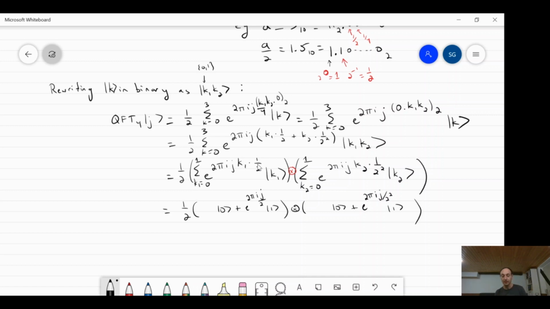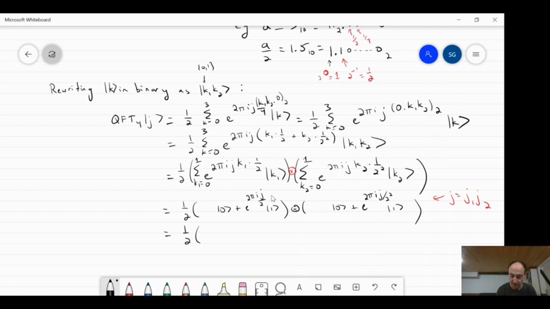Now, j I can rewrite, just like before, in its binary expansion as well. It's one of the standard basis states for C4, so it's labeled by 0, 1, 2, or 3. I only need 2 bits to represent it, so I can write j this way, j1 j2. And I can reverse this bit shifting trick: when I divide j by 2, I shift the bits of j over to the right by one.